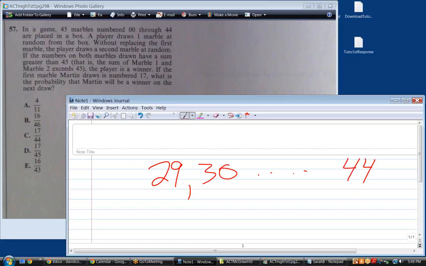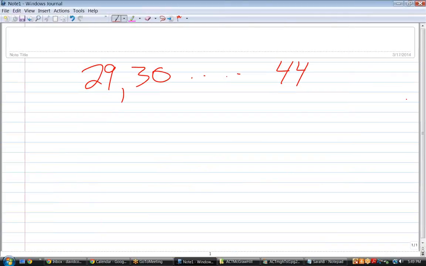So how many balls are there that meet that criterion? There would be, so then you would take 44 minus 29. Well, that is the natural inclination to do, is to take 44 minus 29, but you have to add 1 to it.